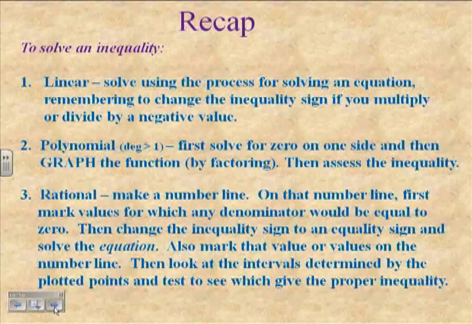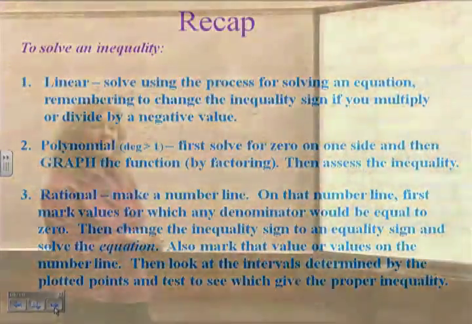Then change the inequality sign to an equation and solve that. Okay, mark those. Then do test values in those intervals. Okay, and that'll tell you where your answers are for that inequality.